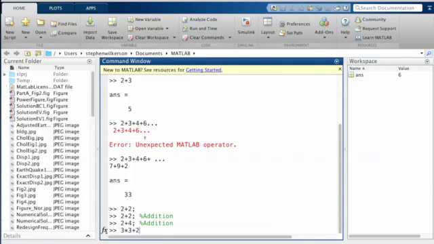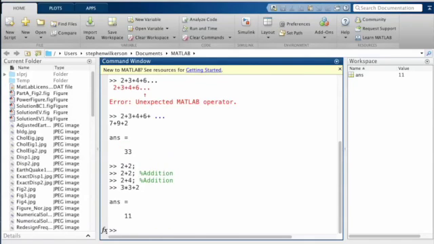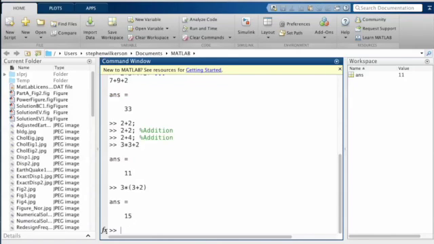So 3 times 3 is 9 plus 2, I should get 11. However, if I do 3 times (3 plus 2), 3 plus 2 is 5 times 3 is 15. So you can force order of operation with the parentheses because they have the highest priority.